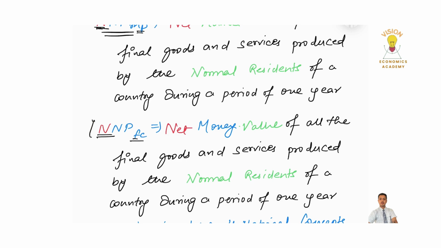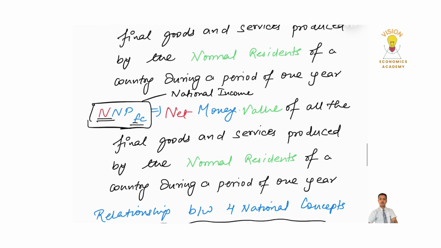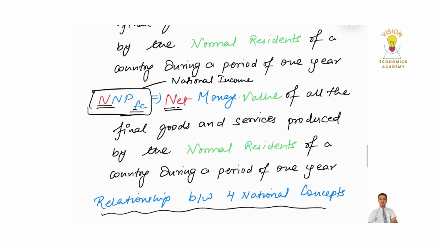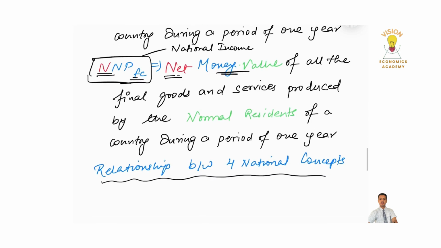NNP FC is also national income. Net national product at factor cost is the net money value of all the final goods and services produced by the normal residents of a country during a period of 1 year.